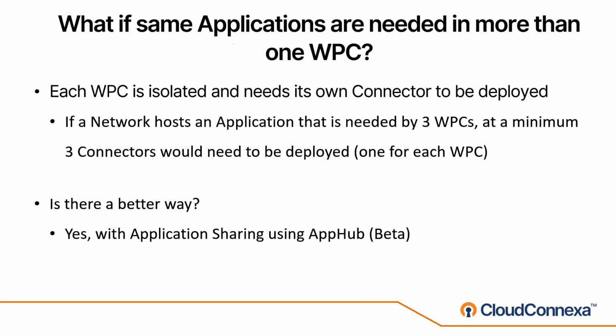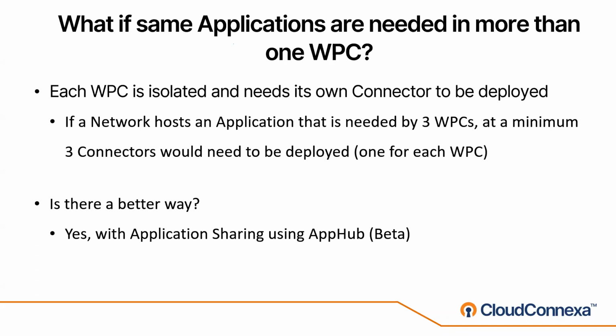Now, is there a better way to do this without needing connectors to be deployed for each WPC? So if there are common applications between those WPCs, can we do something more efficient? And we do now indeed have such a capability.